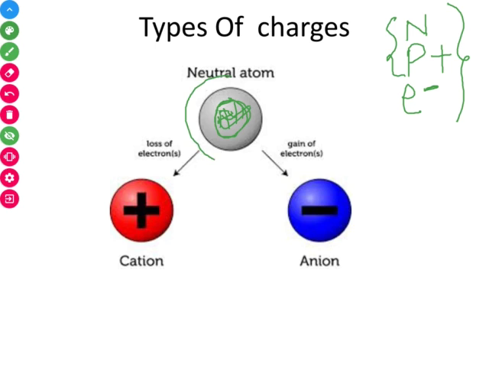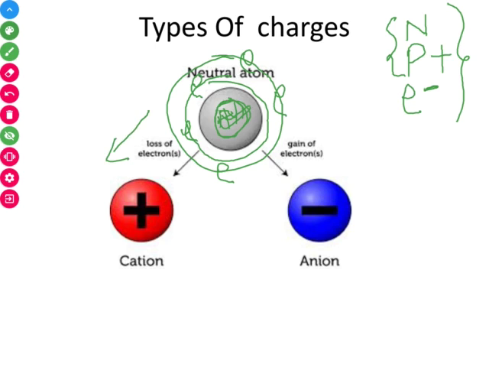Electrons revolve around the nucleus in a circular orbit like this, and only the electron we can pull out or provide to the atom, on the basis of which we can obtain two charges. If we pull out the electron from the neutral atom, that means loss of electron, then the body becomes positively charged.